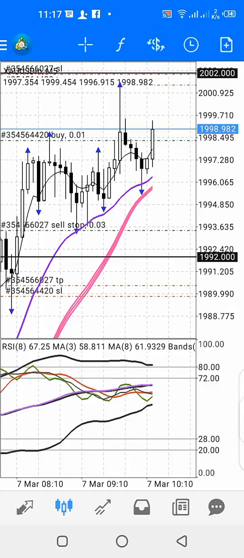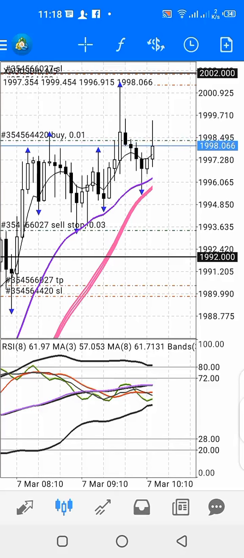I anticipated that price will go up, so I quickly closed the sell trade, and then I initiated my robot to calculate and place the pending order, and to calculate and position the take profit and stop loss for all the trades on my screen. Okay, so price is attempting to go up as I've anticipated.